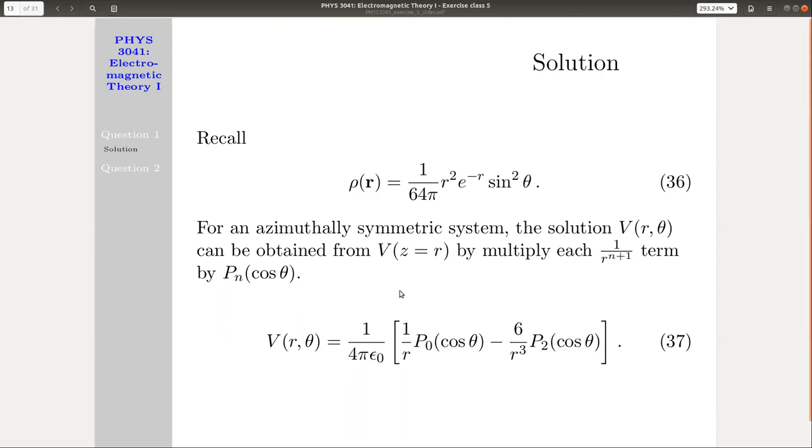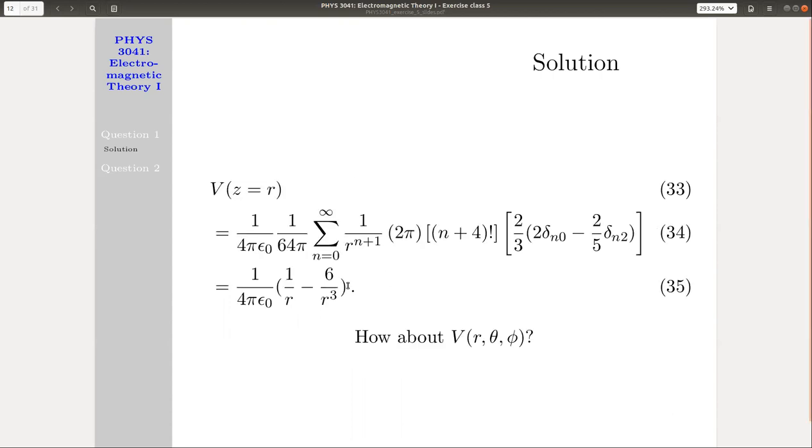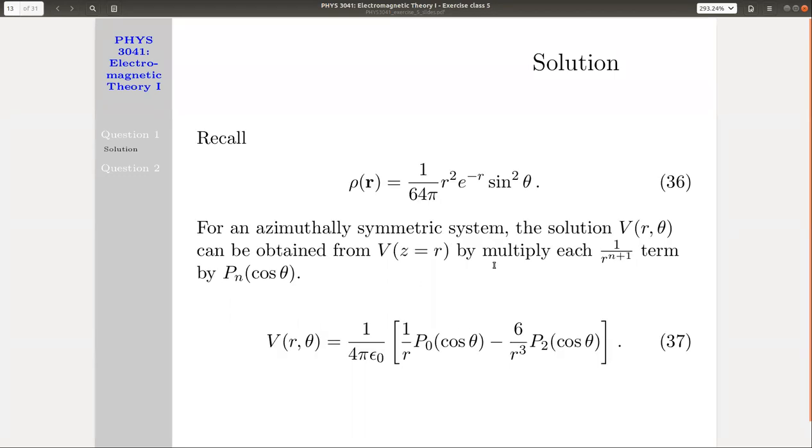So here in the potential along the z-axis, we have the 1 over r and the 6 over r cubed, which correspond to the zeroth order term. Because it's n plus 1, the corresponding Legendre polynomial will be of order n.